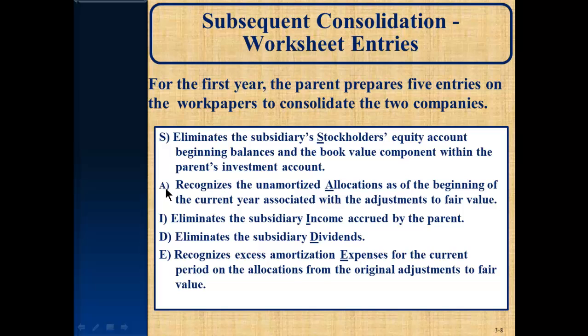Journal entry A, which we label A as a cross-reference in the book, is the allocation of those fair value adjustments. So you bought a business and you bought all the stock of that business. Well, the underlying assets that that business owned are probably lower than their true market value.